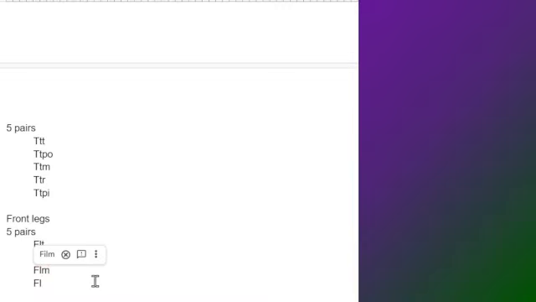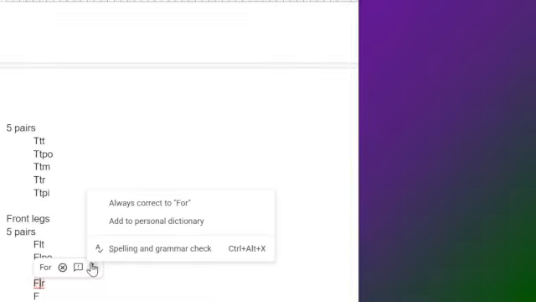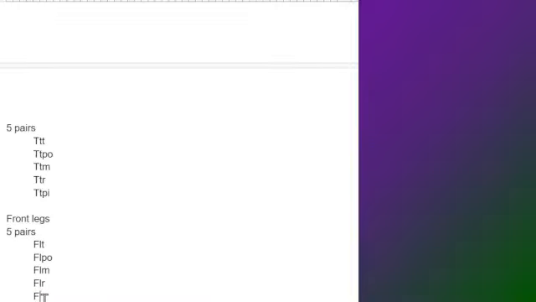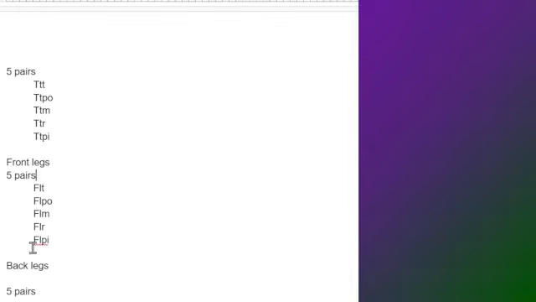No, that's a part of my personal dictionary too. What do you think that is? No, that's also part of my personal dictionary. You probably think that's flip, but it's actually part of my personal dictionary.